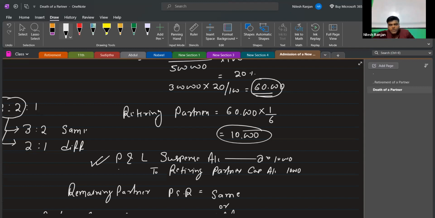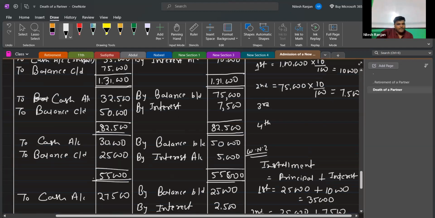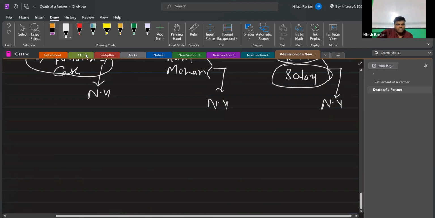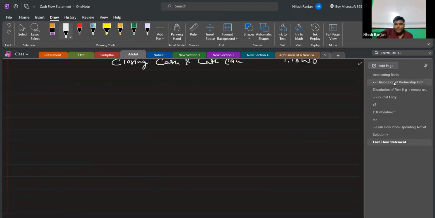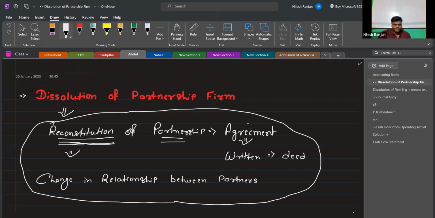So, what is dissolution actually? If you see the concept of dissolution, you can see here I have written reconstitution of partnership, that we have already studied.